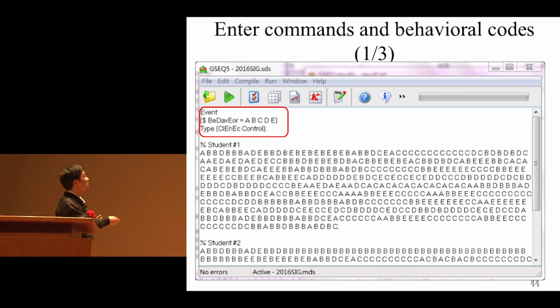First of all, we need to declare that we have 5 behaviors, A, B, C, D, E, and this is the log of student 1, the sequence of the behavior. This is student 2, student 3. We can just put all of the student behavior in a sequence.